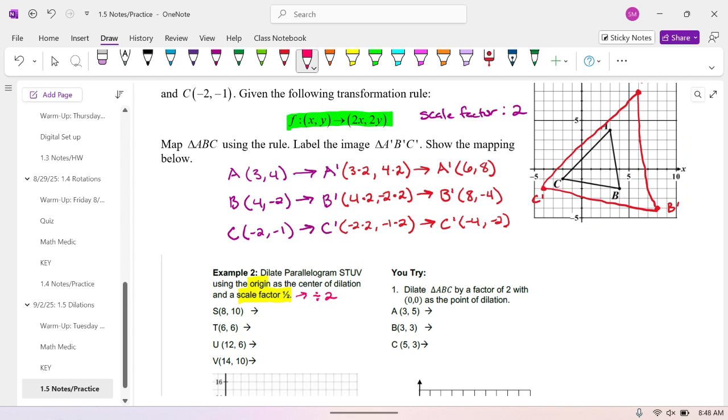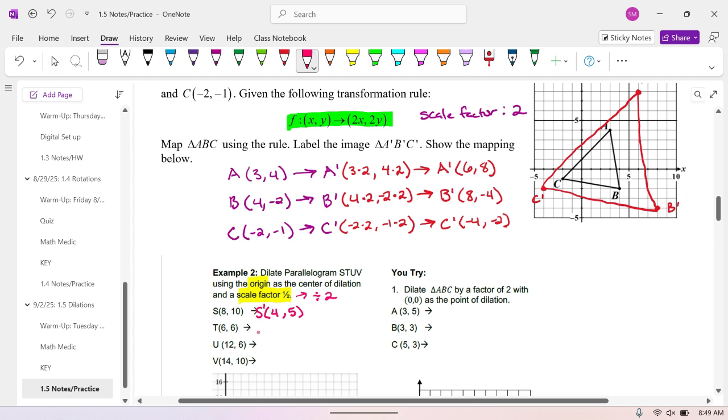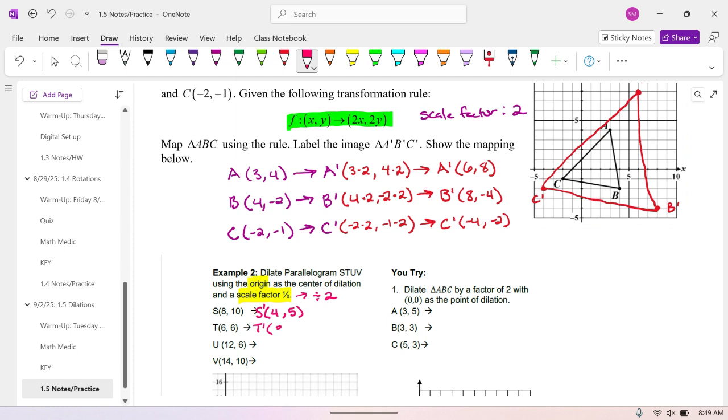Okay. So S, if we multiply by 1/2, what's my new point? All you got to do is divide by 2. That would be S prime. What would T prime be? (3, 3). Just divide 6 by 2. U prime would now be what? (6, 3).